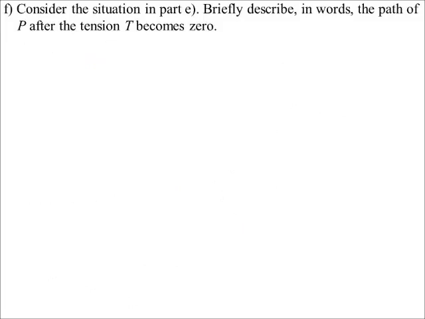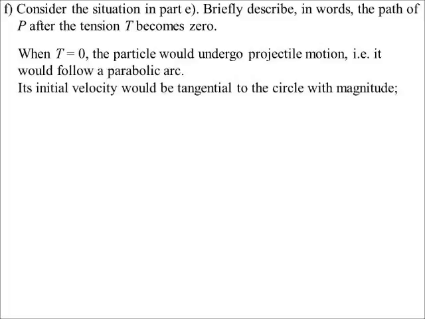Explanation time again. Consider that situation. Briefly describe in words the path of P after the tension becomes 0. So you're spinning it. Uh-oh. String's gone loose. It's no longer moving in a circle. What will happen? Got to be a parabola, because it's now projectile motion.